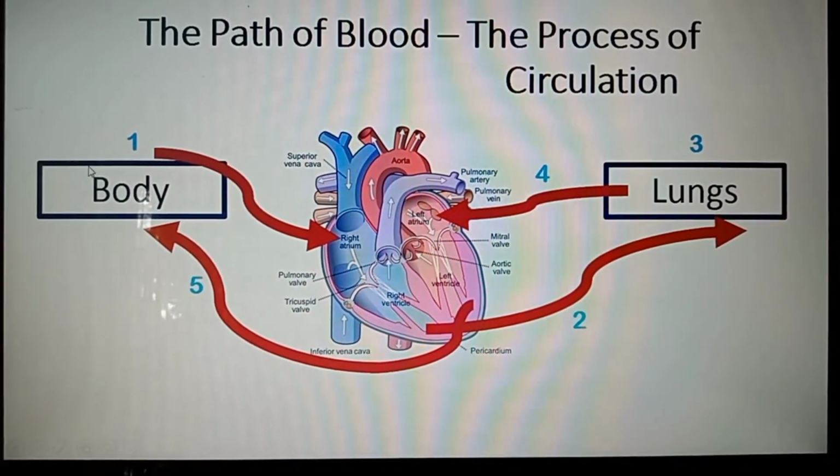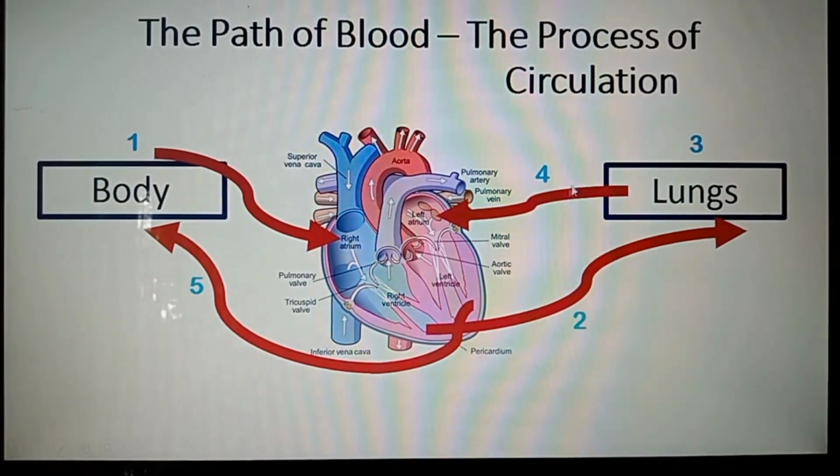And then, after that, pag na-use up na yung oxygen, mapuproduce na naman yung carbon dioxide, dala-dala na naman ni dugo yung carbon dioxide, pabalik sa right atrium. Ipapump na naman siya ni right ventricle, papunta sa lungs. Kukunin ni blood yung oxygen, iiwan niya yung carbon dioxide.